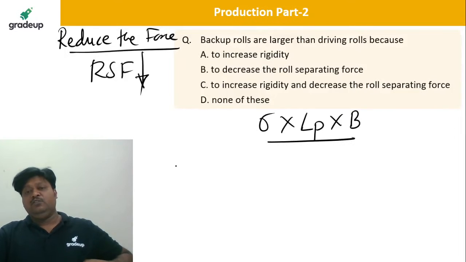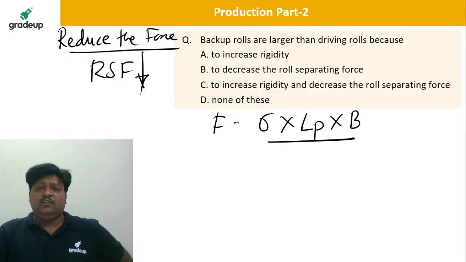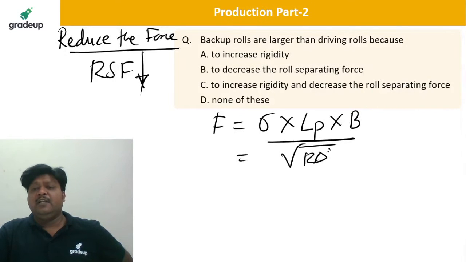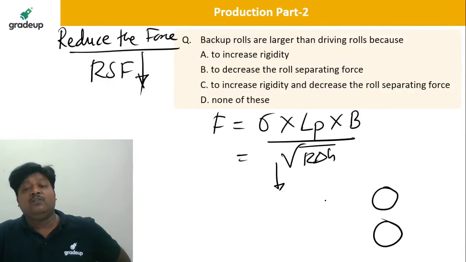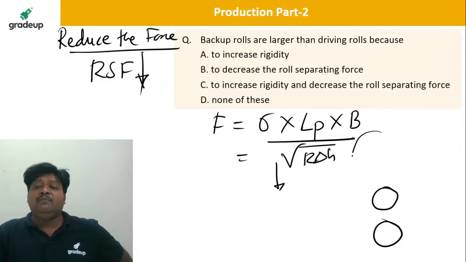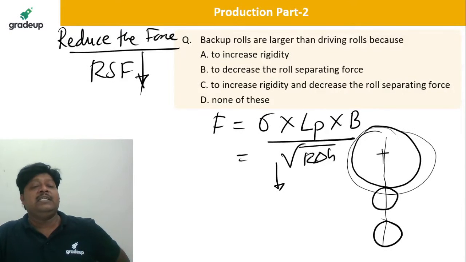So definitely the roll separating force is proportional to L_p, which is root over R delta H. So we can decrease the roller radius. When you decrease the roller radius, no doubt the forces come down, but to maintain the rigidity of the setup, you have to provide backup rollers which are larger in diameter than the driving rollers.